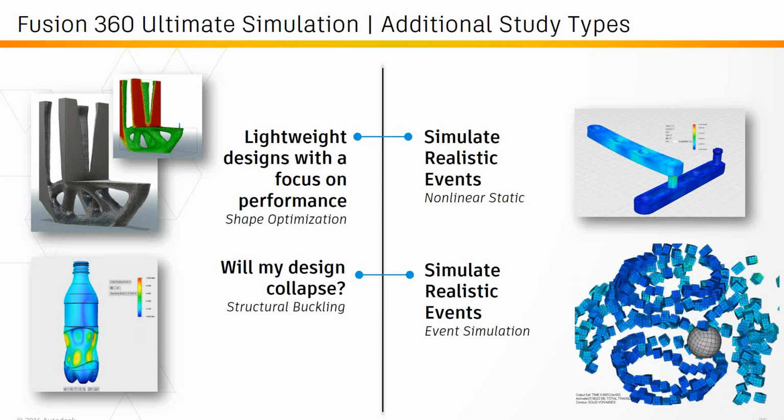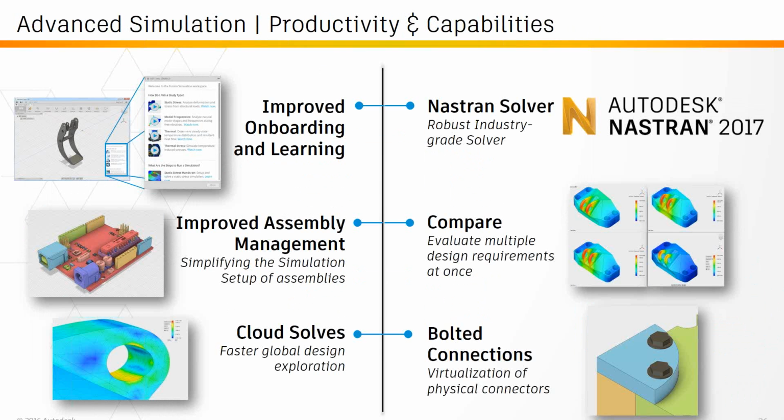And as far as what you have available, there are some additional tools and capabilities you can take advantage of to even further improve your ability to make these decisions and optimizations. We have a pretty extensive set of onboarding and learning within the Fusion 360 help.